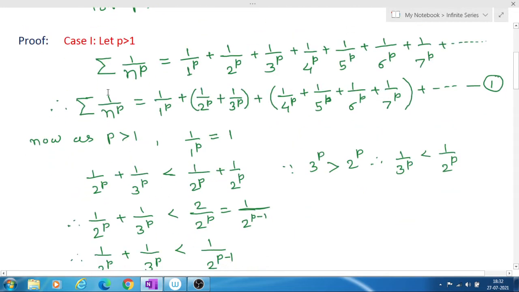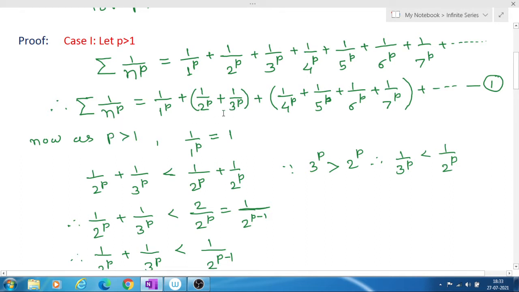So the series 1 upon n raised to p is equal to, we put n equal to 1, 2, 3, 4, then we get the terms like 1 upon 1 raised to p, that is 1, plus 1 upon 2 raised to p, 3 raised to p, 4 raised to p, and so on. So this is the series.